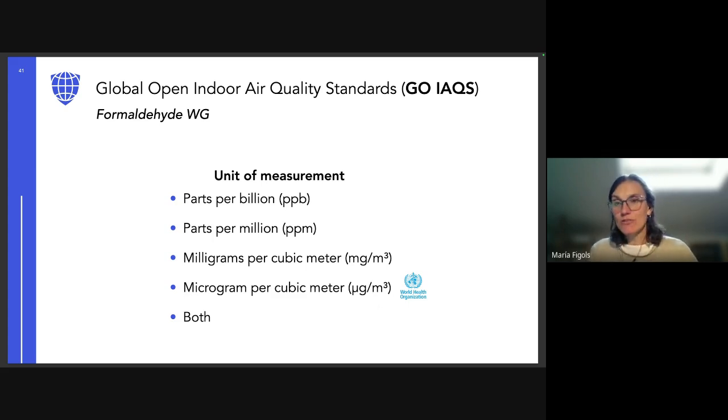Our low-cost sensors for formaldehyde all give the value in PPB, and then we convert the information. But we could do it the other way around. We are working on the firmware, so we could have the initial value converted in a standardized way in our firmware, or the user could have the possibility to convert it.